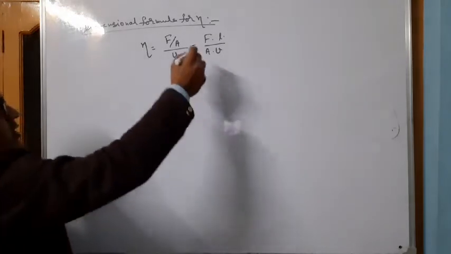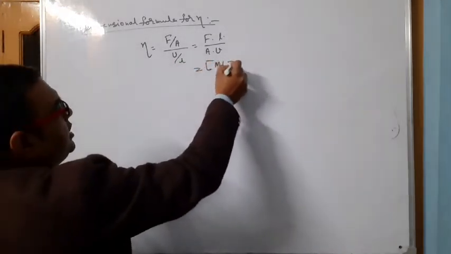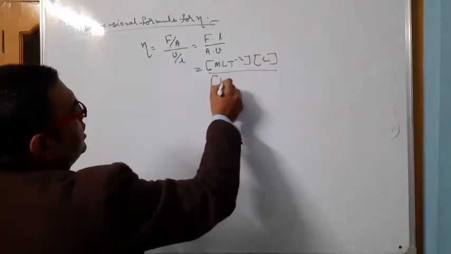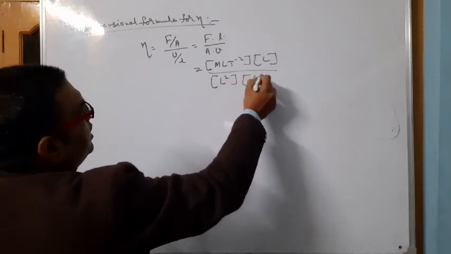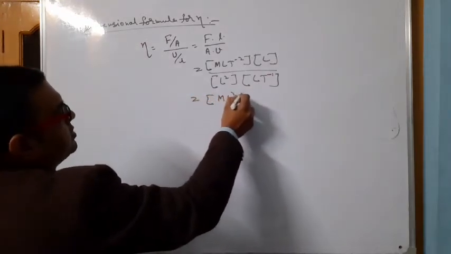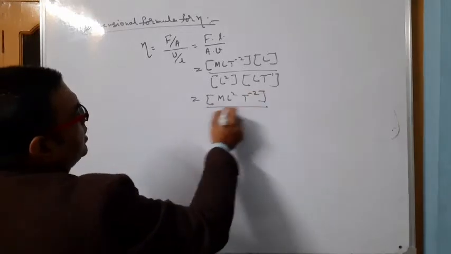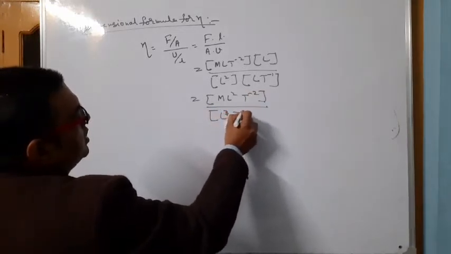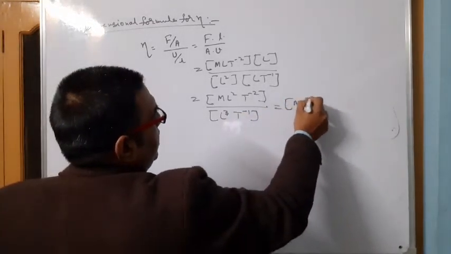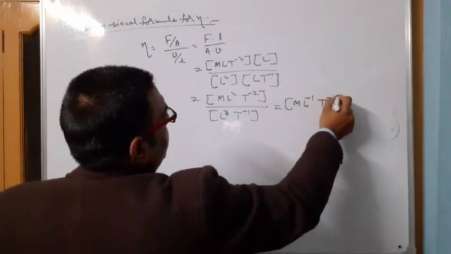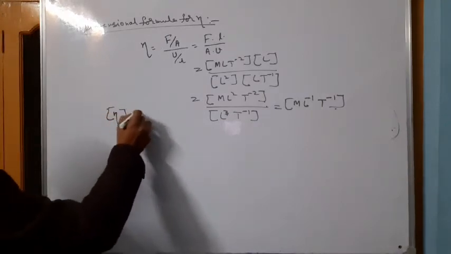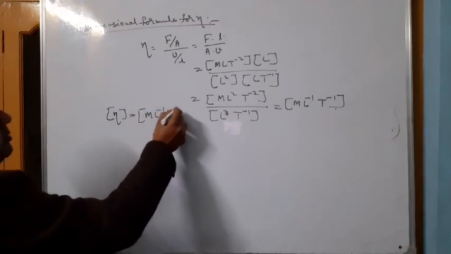Now look here, force is M L T^-2, L upon L square into L T^-1, and it can be written as M L^2 T^-2 upon L^3 T^-1, and it can be written as M L^-1 T^-1. So the dimensional formula for the coefficient of viscosity is M L^-1 T^-1.